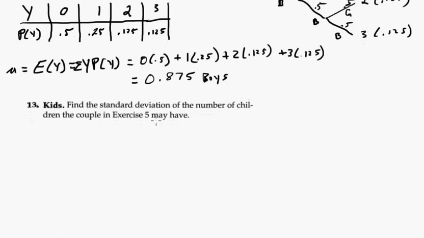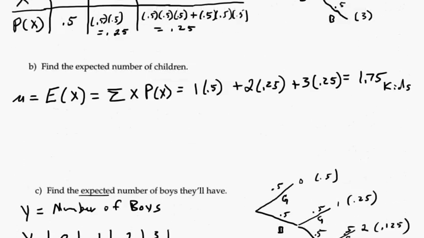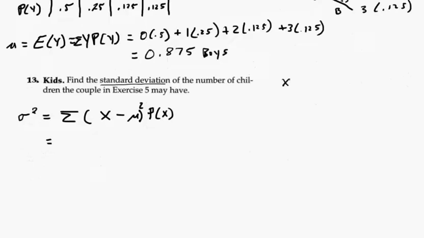Okay, last question. What's the standard deviation for the number of children? So that's back to our variable x. For me, it's easier to start with the variance. The variance is the sum of the outcomes minus the expected value, squared, times the probability of that outcome. So if I go back and look, it was number of kids: 1, 2, and 3.